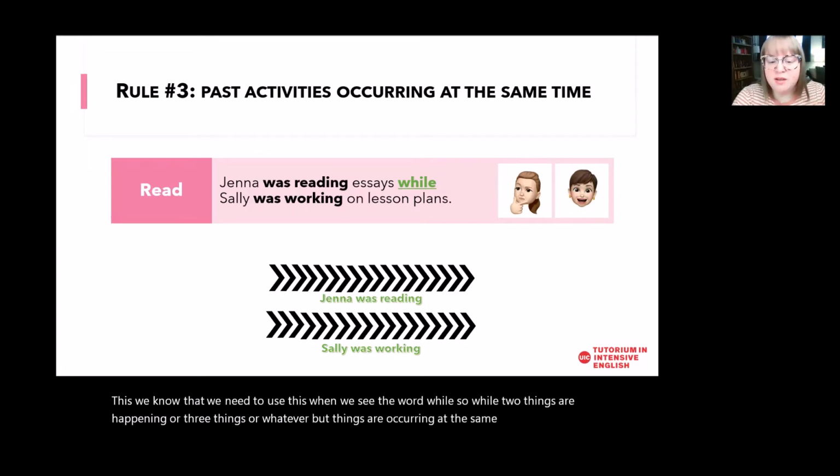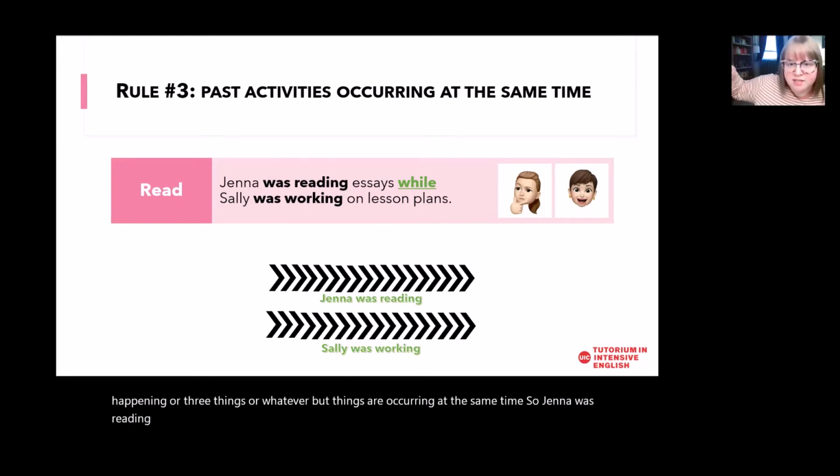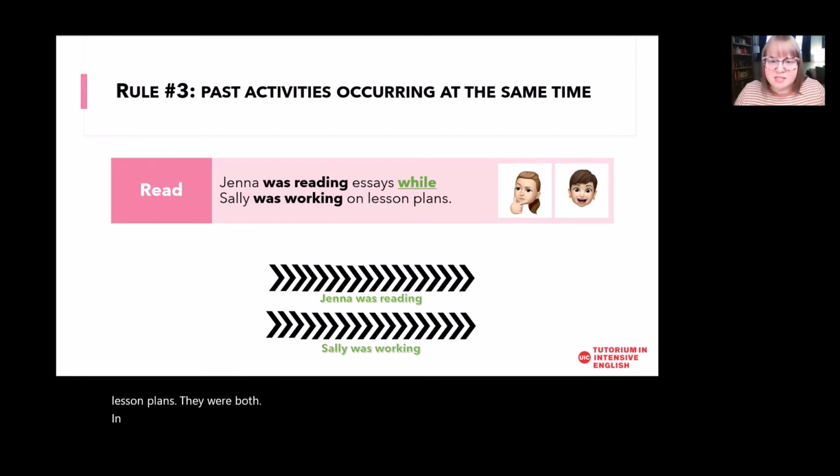So Jenna was reading essays, and then maybe next to her in the same room somewhere, Sally was working on lesson plans. They were both in this process of doing this at the same time.